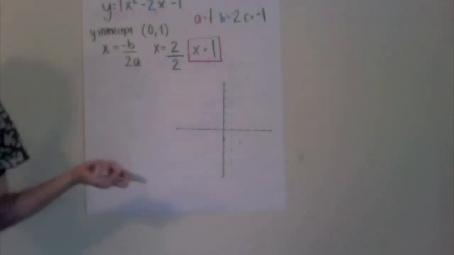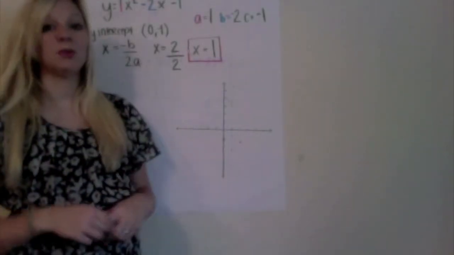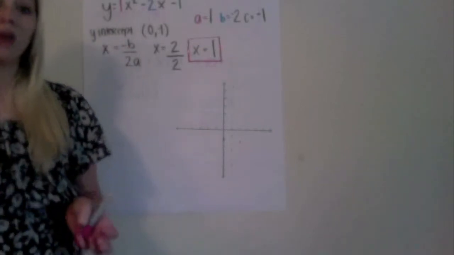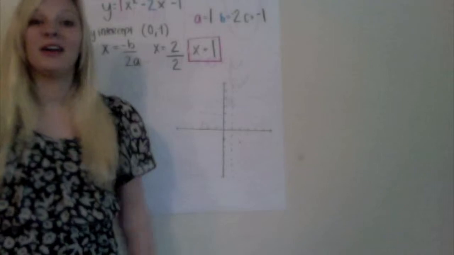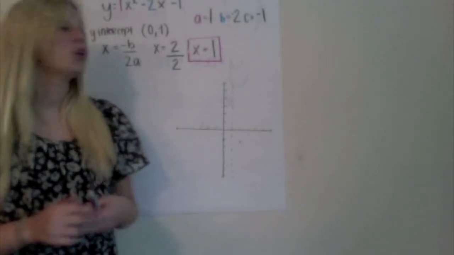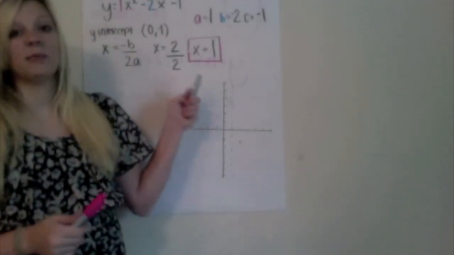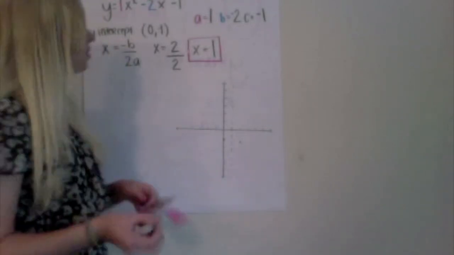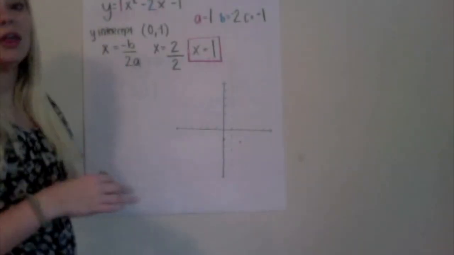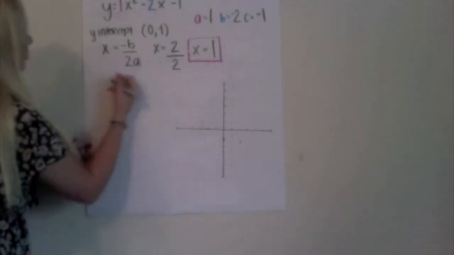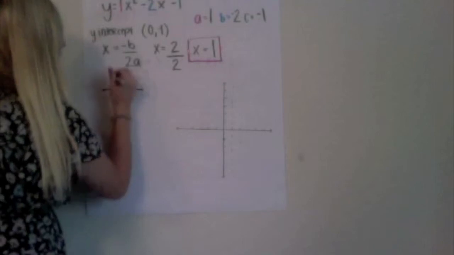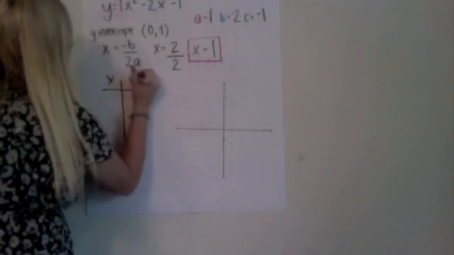Now that's really nice because we already have 2 points, but we really need to plot a few more. The easiest one, the most important one, is to find our vertex. To find our vertex, we have to have y when x equals 1, because we know that our vertex is on the axis of symmetry. So, the first thing we need to do is make a table of points. So we have x and y.